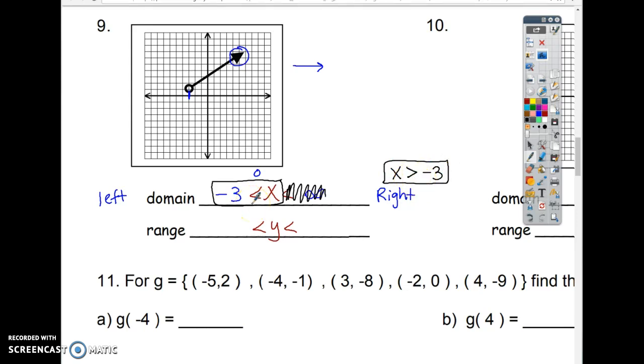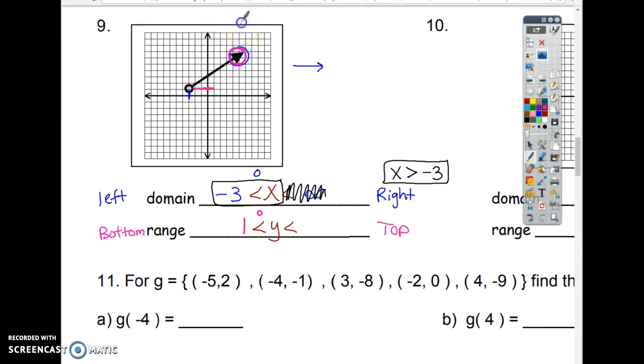Okay? And then the range from the bottom to the top, where does it stop at the bottom? Down here? No. Down here? Where does it stop? Right here. What number is this? +1. It's an open circle, so I don't put a line underneath it. What is the topmost point that it gets to?